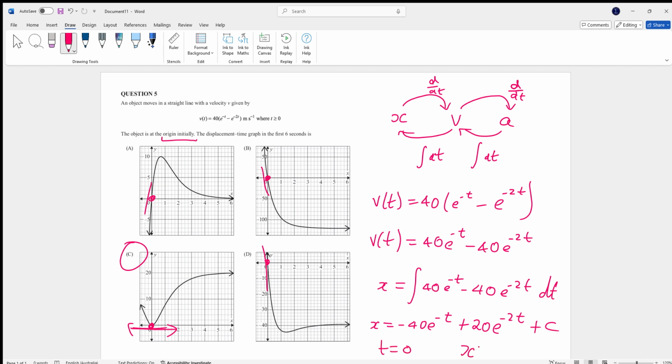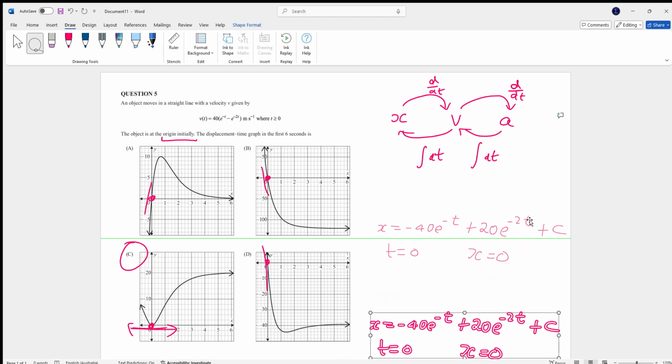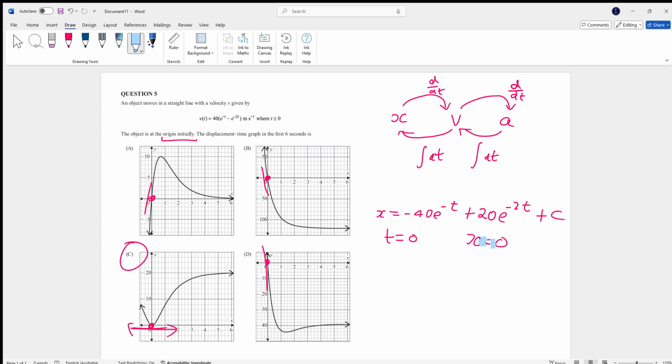x is also equal to 0. So, when you put this information in, I'll get 0 equals negative 40 e to the 0, which is just 1, plus 20, because that would be e to the 0 as well, plus c.